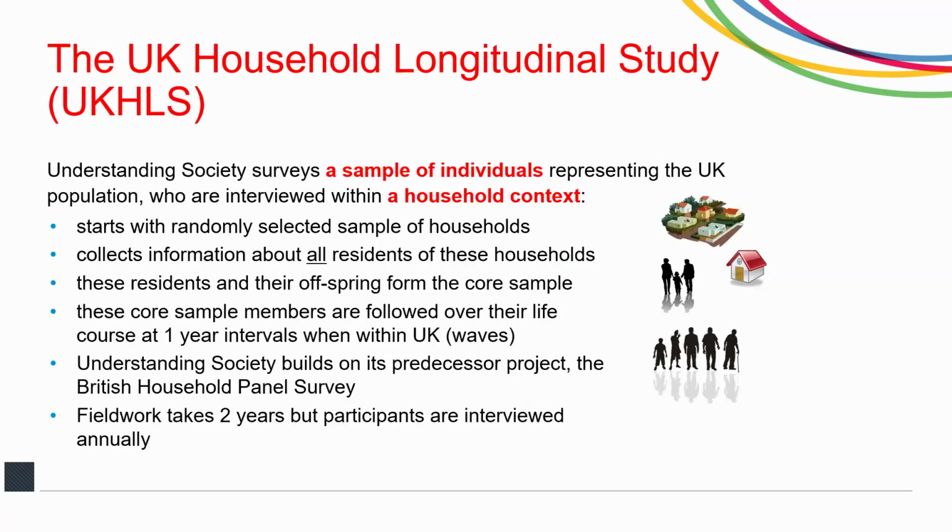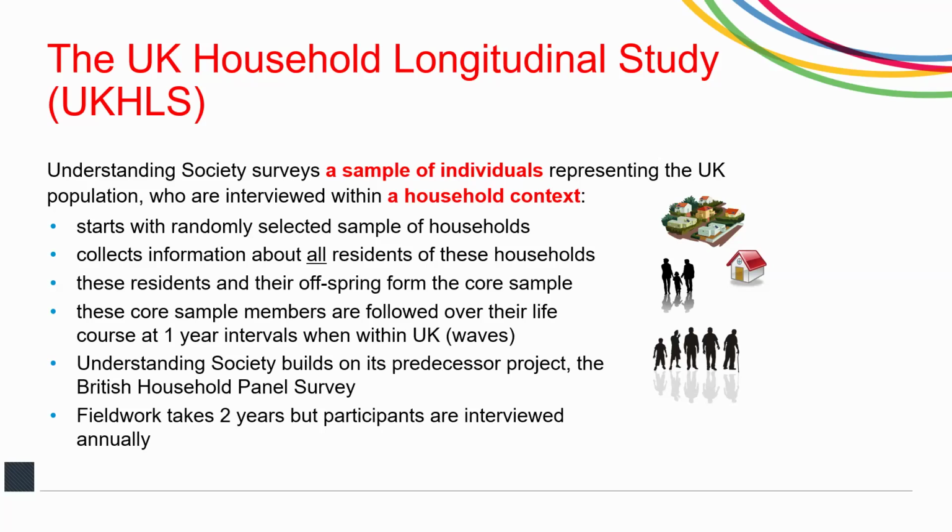When we talk about the study itself, Understanding Society, or the UK Household Longitudinal Study, the study surveys a sample of individuals representing the UK population, and these people are interviewed within a household context. The sample of households is randomly selected. It collects information about all of the residents of these households.